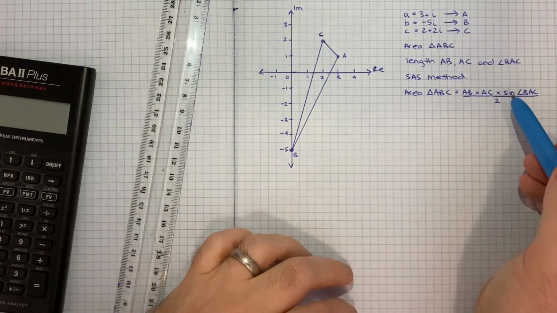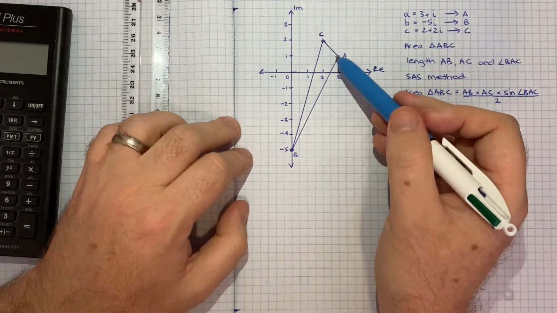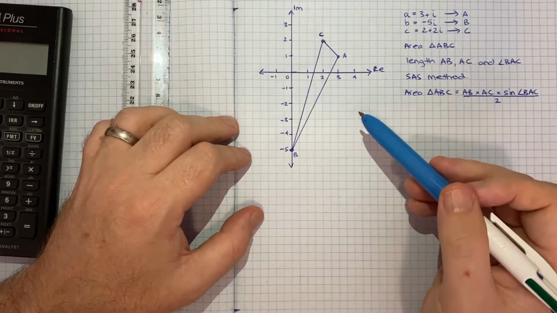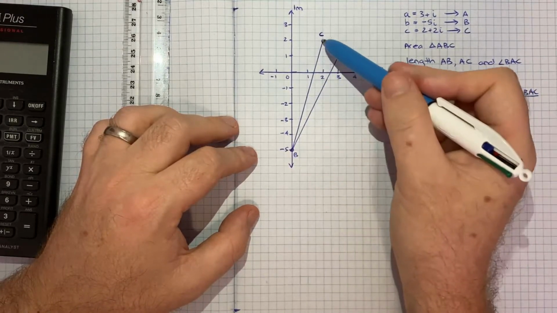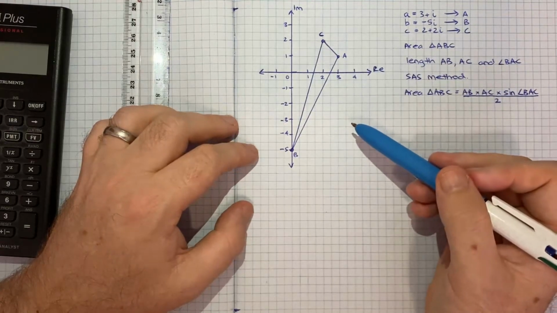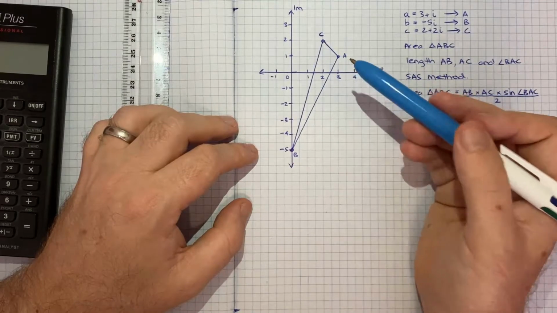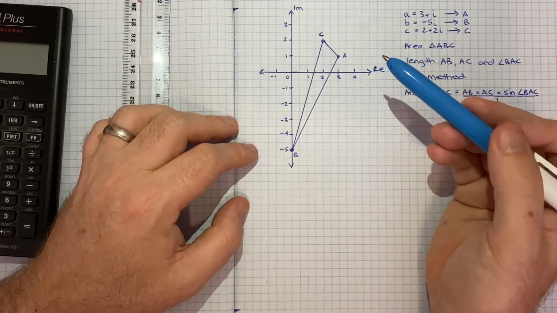Now I think there's a few ways you could go about this. To me, the most straightforward way is to take what is a complicated looking triangle and turn it into right-angled triangles, because with right-angled triangles, things get a lot simpler.